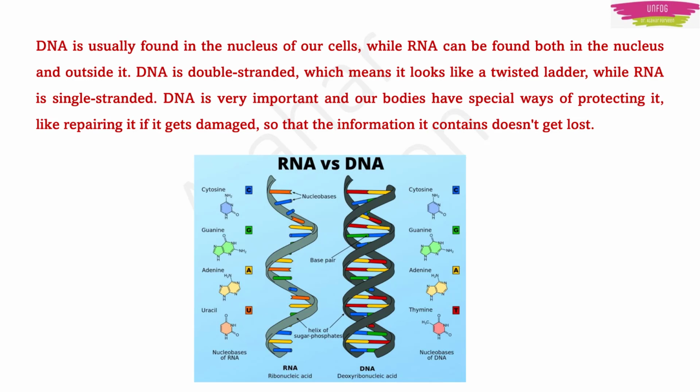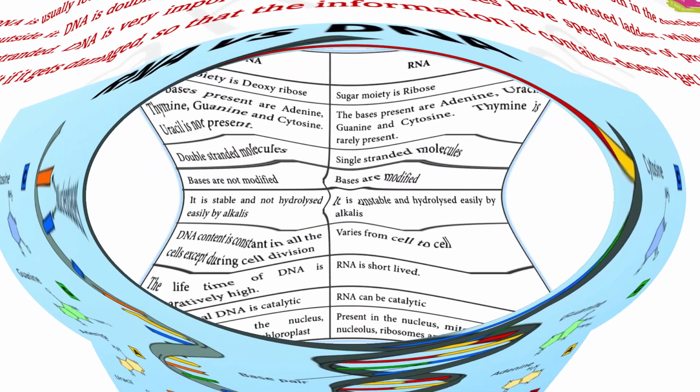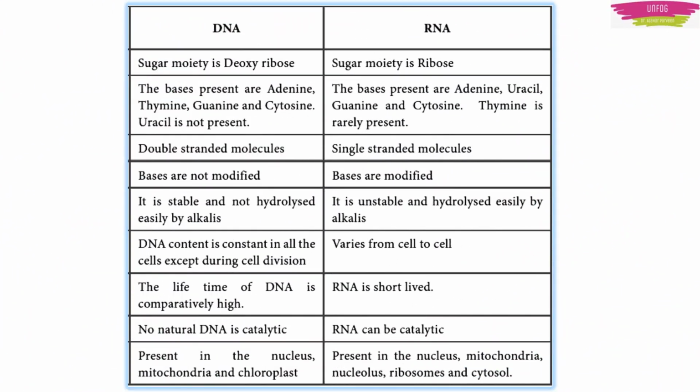Now that we have learned about DNA and RNA, let's have a look at major differences between them. Sugar moiety in DNA is deoxyribose, whereas the sugar moiety in RNA is ribose. The bases present in DNA are adenine, thymine, guanine and cytosine. Uracil is not present. RNA has the bases like adenine, uracil, guanine and cytosine.